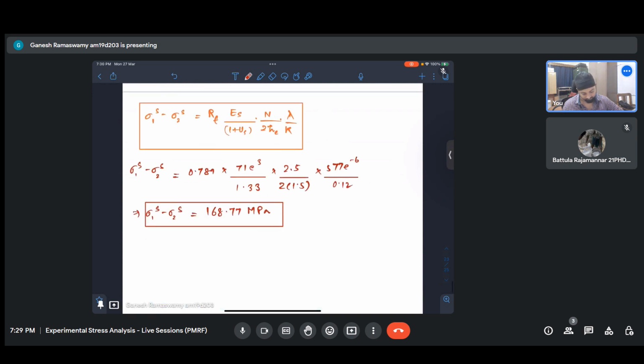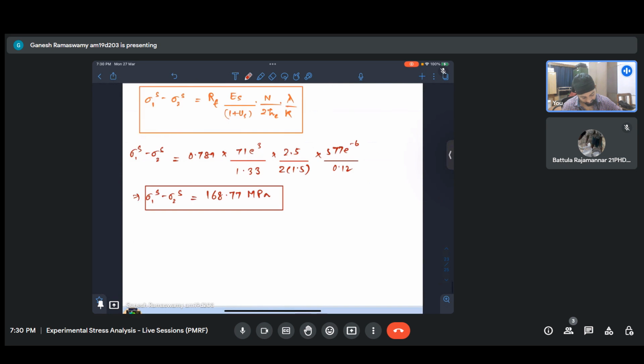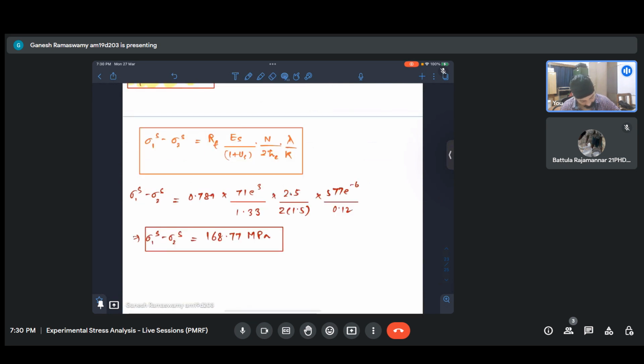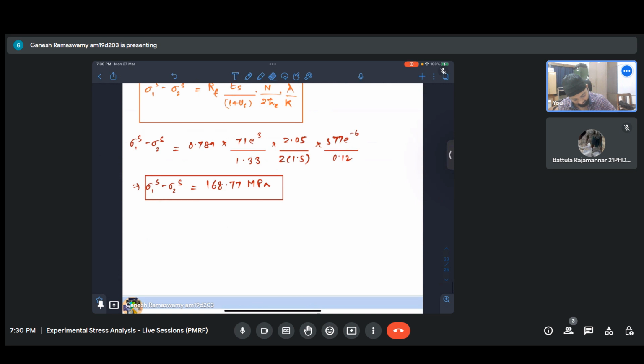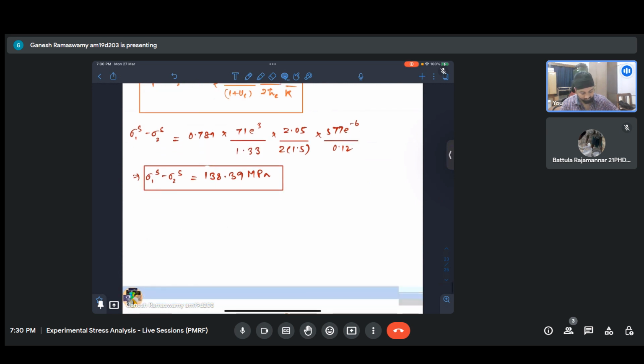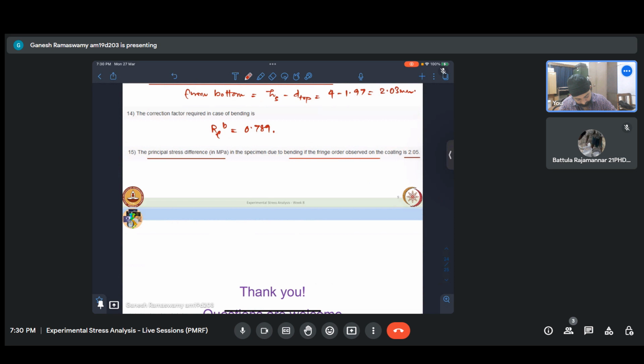Oh, sorry. Okay, this was the issue. Actually, fringe order is not 2.5, but it is 2.05. So essentially, it won't be 2.5. Yeah, so my stress would be 138.39 MPa. So I hope that this is clear. So the principal stress difference comes out to be close to 138.4 MPa.